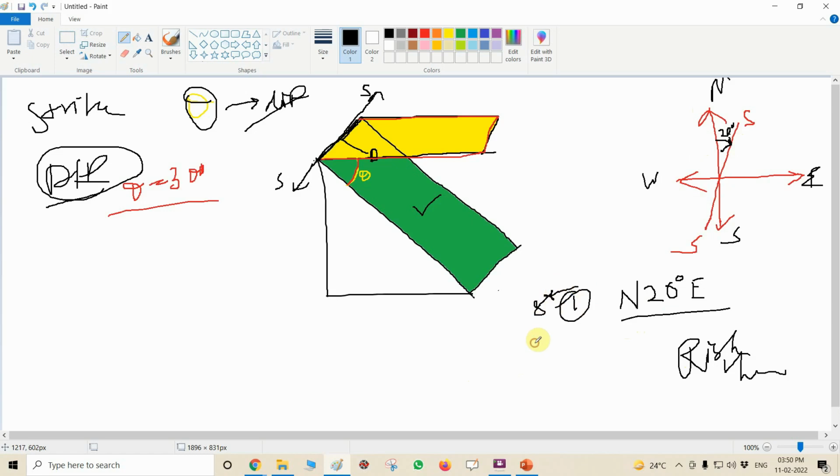Style 2, you can write like this: this is the 20 degree, so you will be writing 20 degree, and what angle would this be from the north, from here to here?